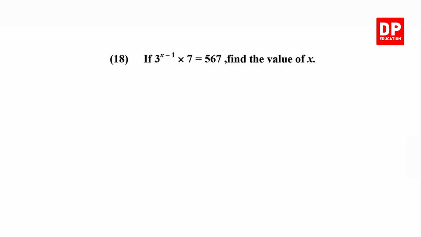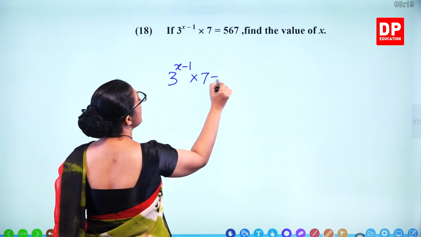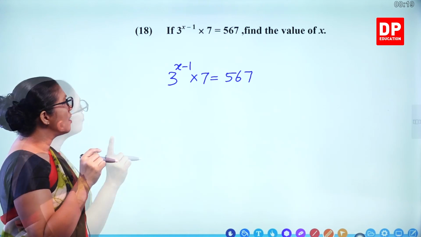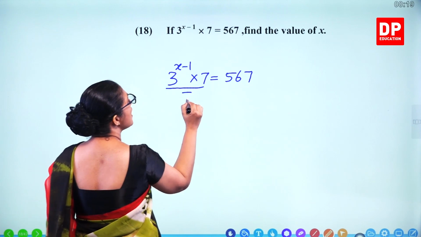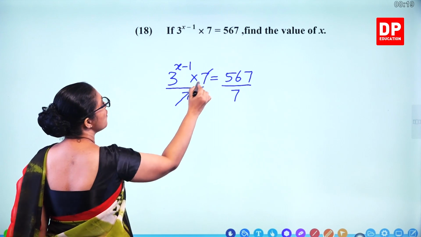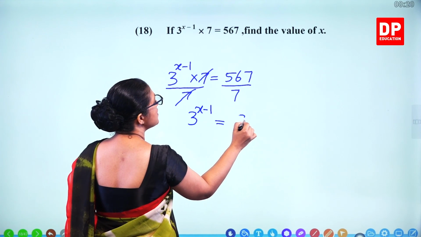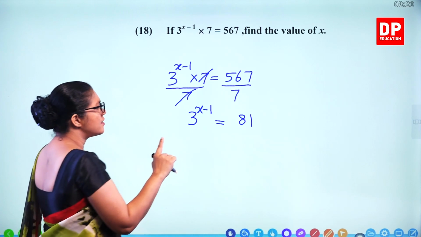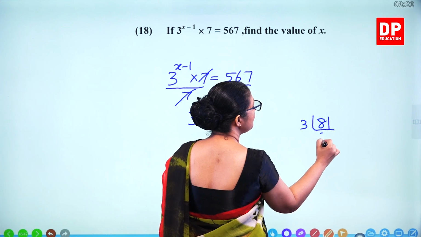Question number 18. You are given 3 to the power x minus 1 into 7 is 567. Find the value of x. To write this as base 3, first you have to divide both sides by 7. So you have to get rid of this. So 3 to the power x minus 1 equals 567 by 7, which is 81. Now you can write 81 in terms of base 3.